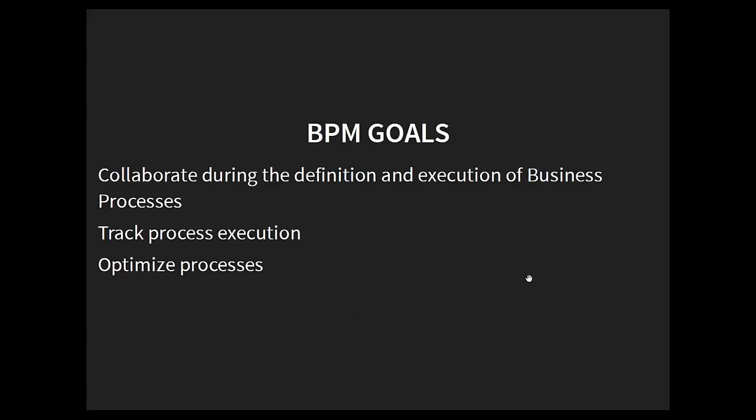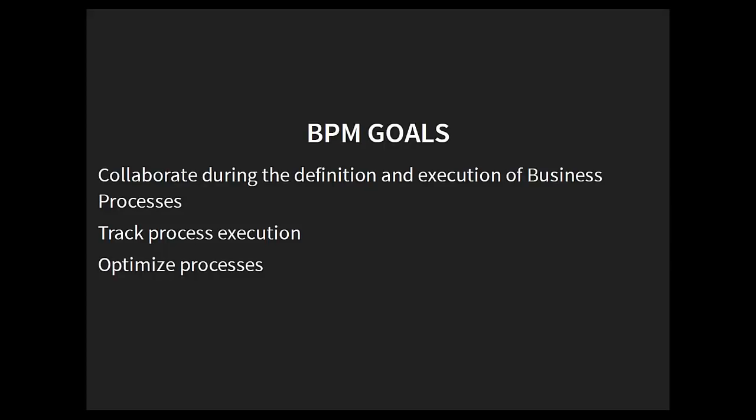All right, so about the BPM goals, I think it's really important to highlight what BPM is at first. The idea is really to make sure that we can collaborate during the definition, but also the execution of what we call business processes. We call it business because we have processes in almost any organization. These processes can be technical, but they can also be business-oriented.